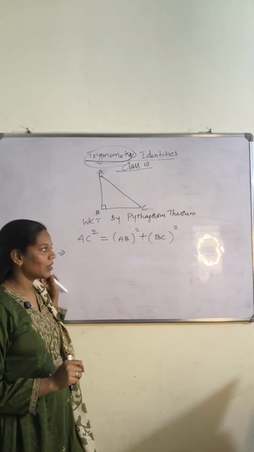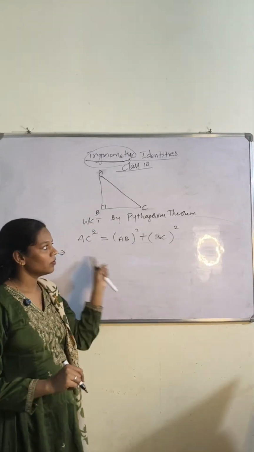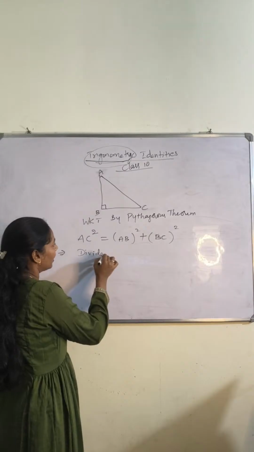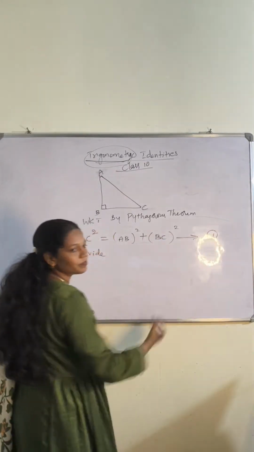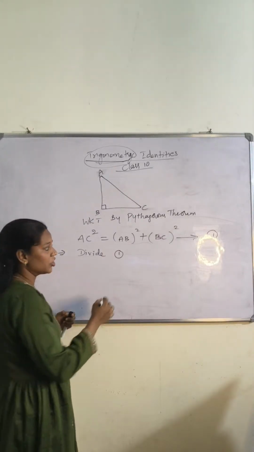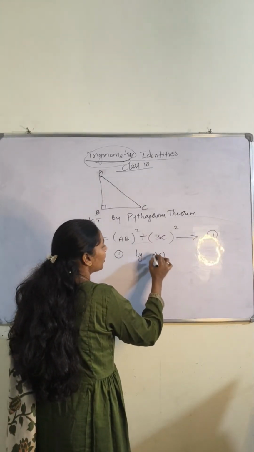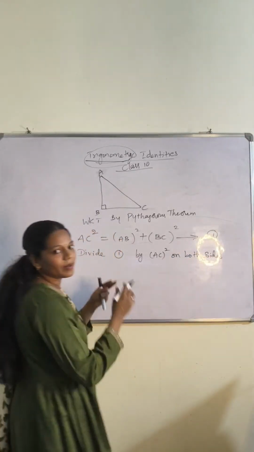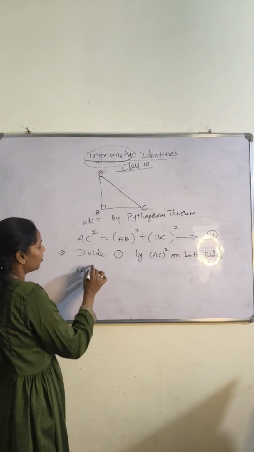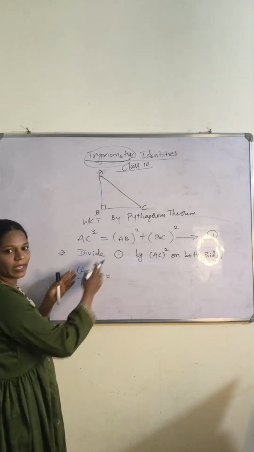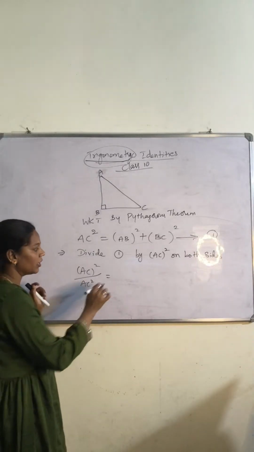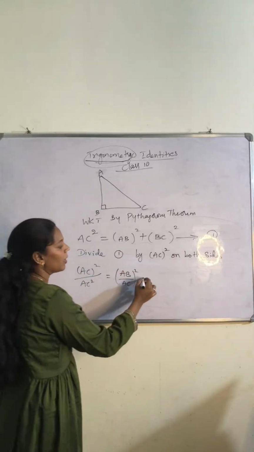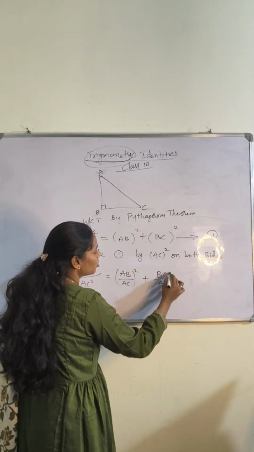First, I will divide the full equation by AC square. Let me take this as the first one. Divide my first equation by AC square on both sides. So what will be the result? On the LHS, AC square by AC square, and AB by AC whole square, plus BC by AC whole square.